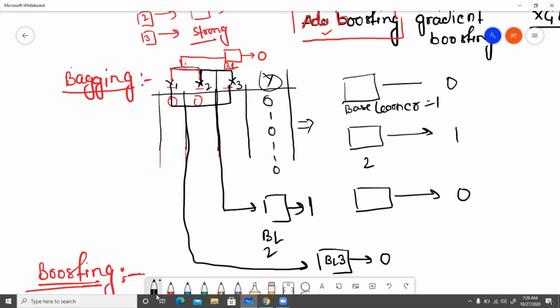Another difference is that in boosting, we associate a different weight with each base learner. How we associate the weight, we will see in a later session. But in bagging, as all base learners are independent of each other, each base learner has the same weight. There is no weightage difference. So that's the difference between bagging and boosting, guys.